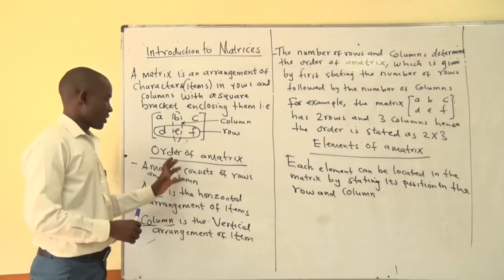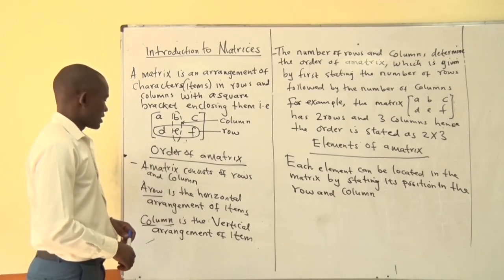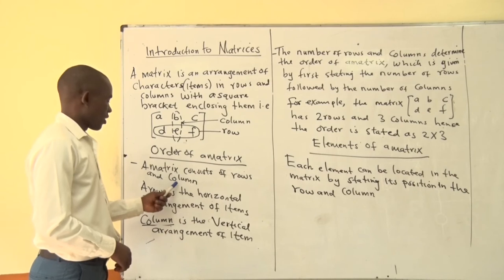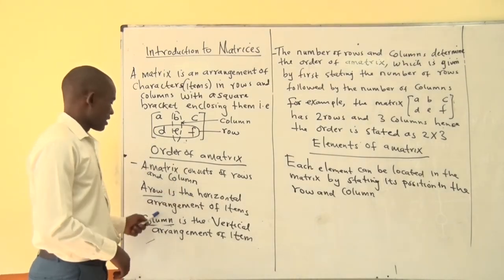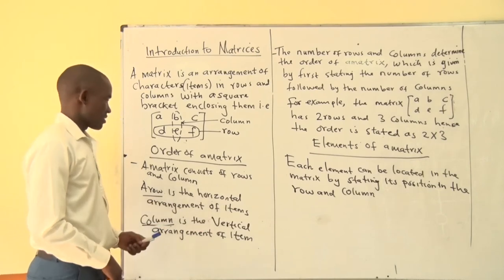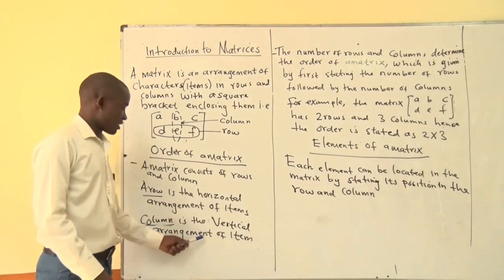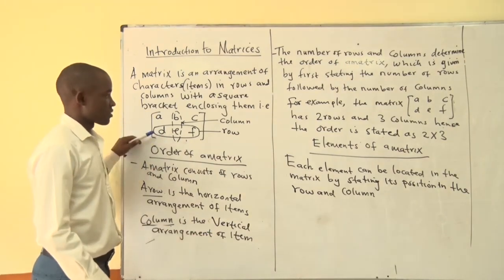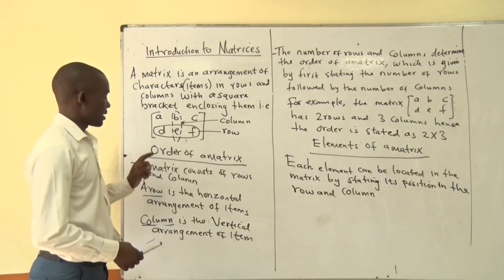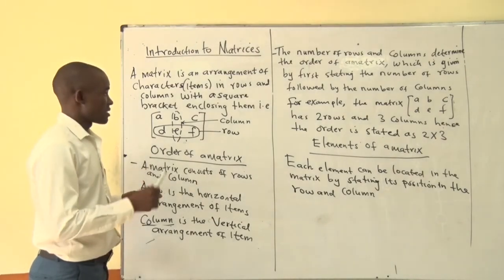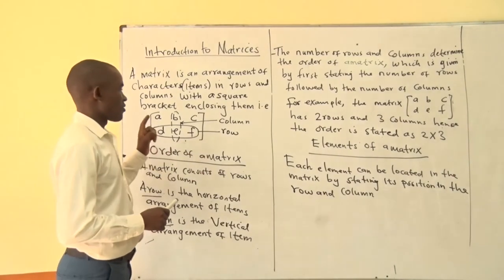Our next component that we shall discuss is the order of a matrix. A matrix consists of rows and columns, like we have said. A row is the horizontal arrangement of items, and a column is the vertical arrangement of items. Now, when you want to determine the order of a matrix, it is determined using the number of rows against the number of columns.